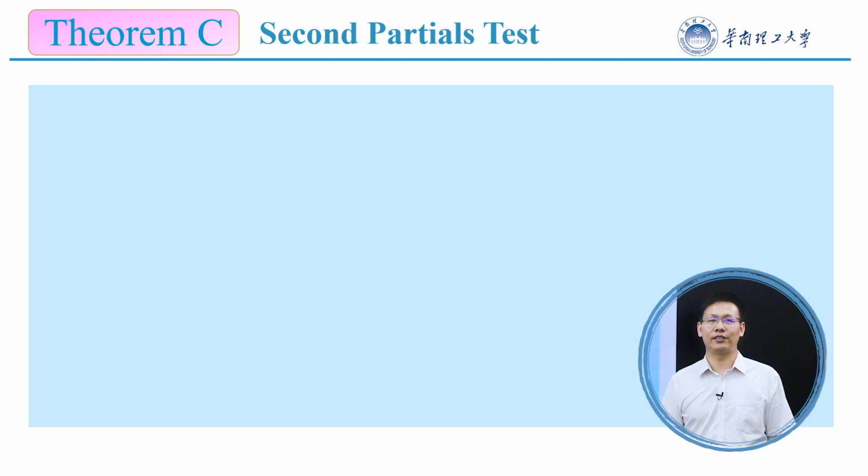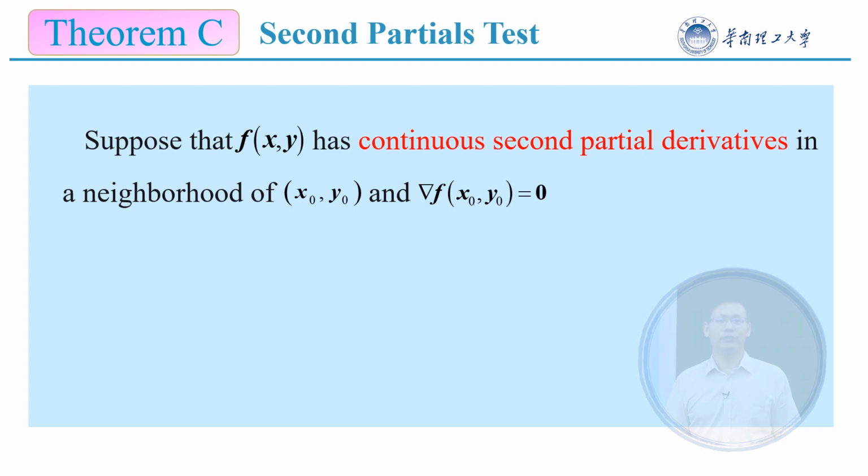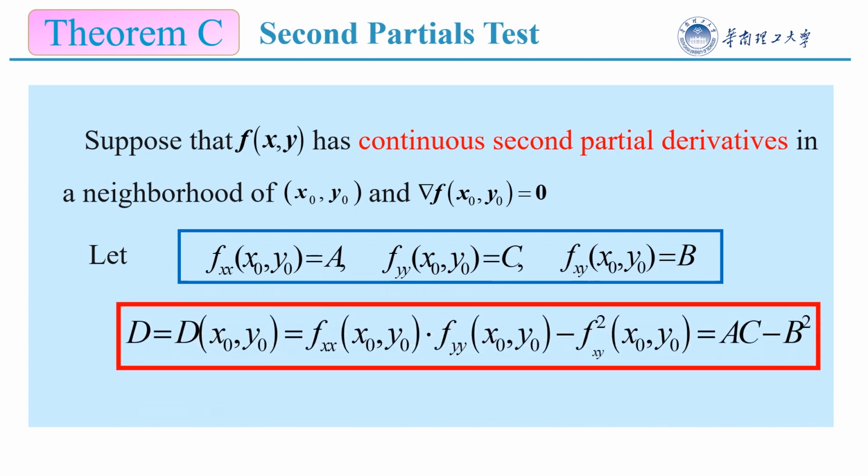Second partial test. Suppose f(x, y) has continuous second-order partials in a neighborhood of (x0, y0), and (x0, y0) is a stationary point, or the gradient of f at (x0, y0) is the zero vector. Let A, B, C be the second-order partials and denote D as AC minus B squared.